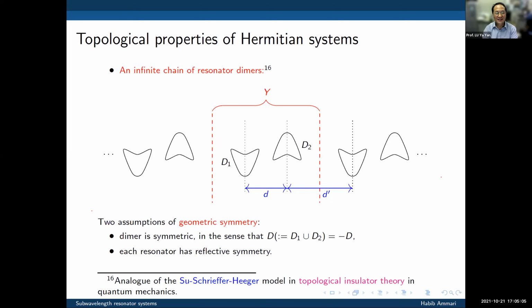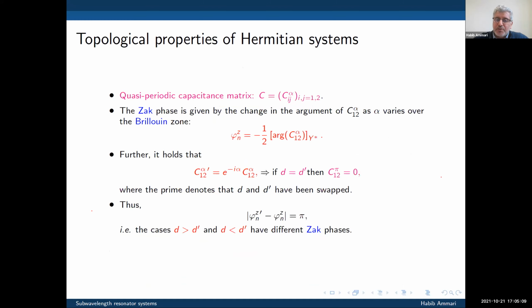All the physics is there. So this Zak phase is exactly the change in the argument of this quantity here. And now you compute the change of the argument of this quantity, right?